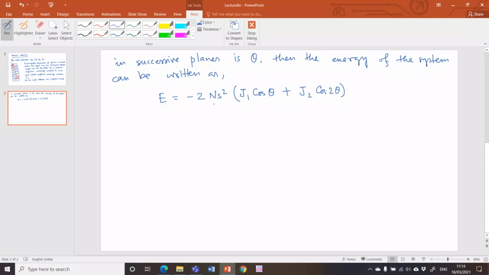Okay, so n is basically the number of atoms in each plane, and S is of course the spin.